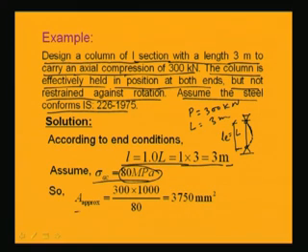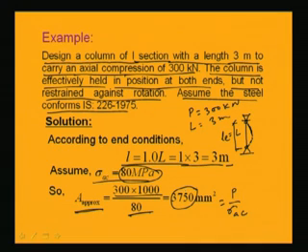Then the approximate area will be P by sigma AC. P is given as 300 kilonewton and sigma AC is 80 Newton per millimeter square. So, we are going to get 3750 millimeter square.